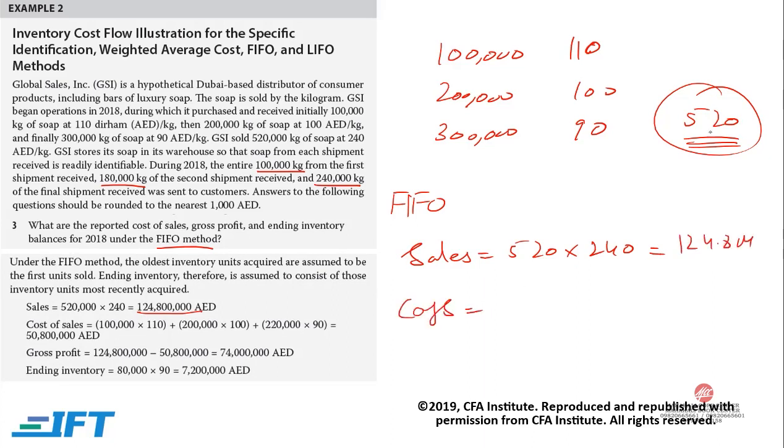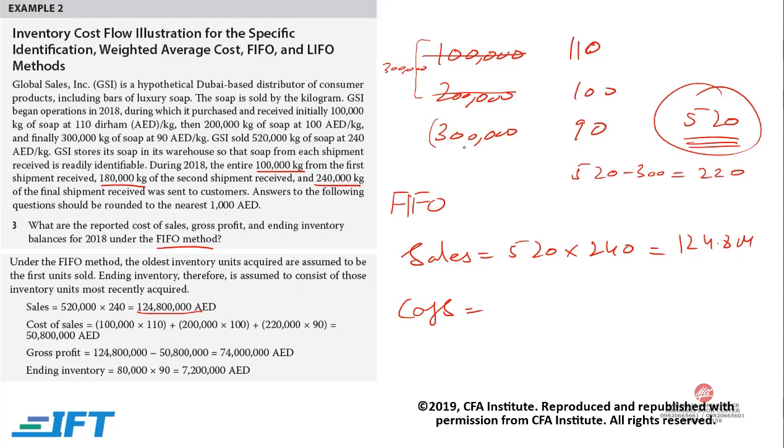Now cost of goods sold, out of this 520, if it is first in, first out, the first one that we're going to sell is 100,000, then 200,000. Then how much are we left with? We have already sold 300,000. Out of 520, if you have sold 300,000, how much left? 220.